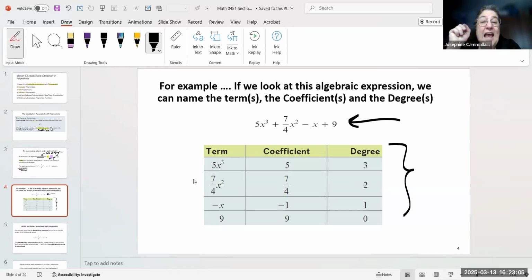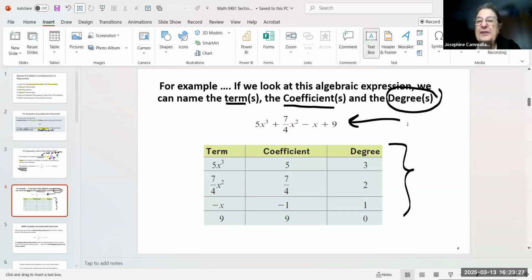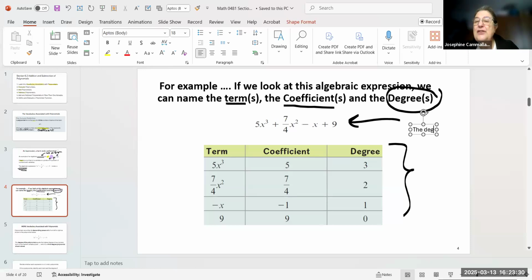Now, they're going to ask you to write and name each term. Now remember, coefficient is the number in front of the x to a power. And then we're going to talk about the degree. Okay? Now, the degree is the exponential power of each term.